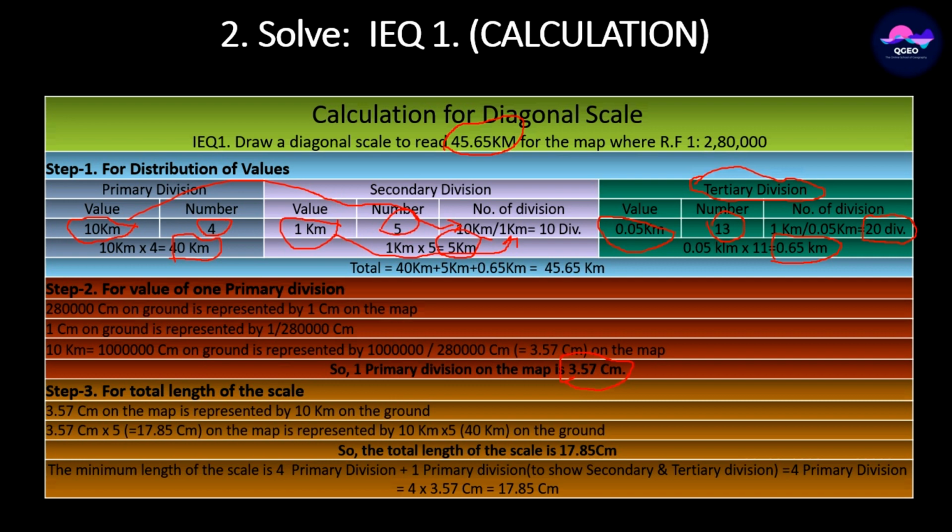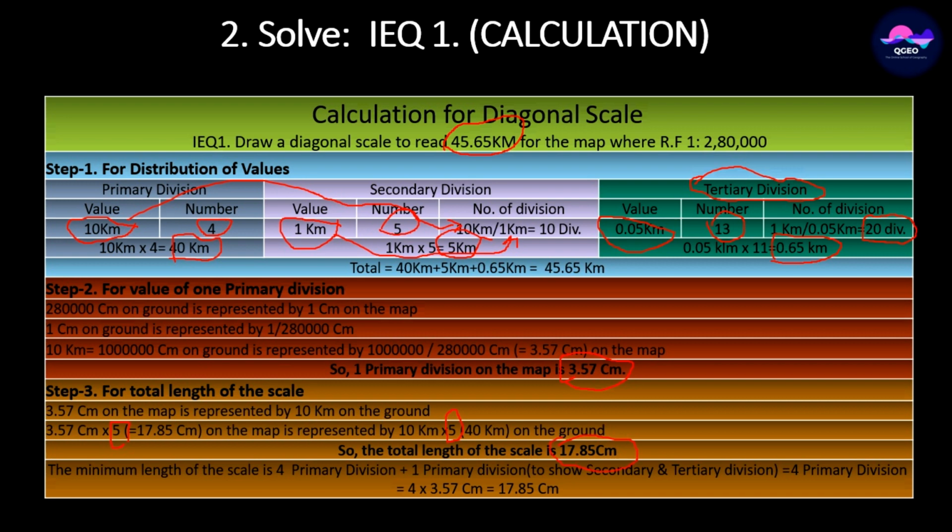Okay, now come to the total length of the scale, step 3: 3.57 into 5. Remember it, a number we have to multiply on both sides, here 5, here 5, so that we can get the value 14 to 16 centimeter. Here, nearer to 16 centimeter, 17.85 centimeter.